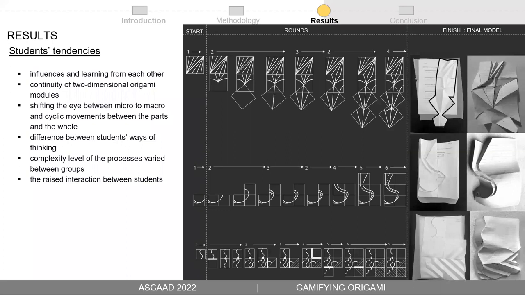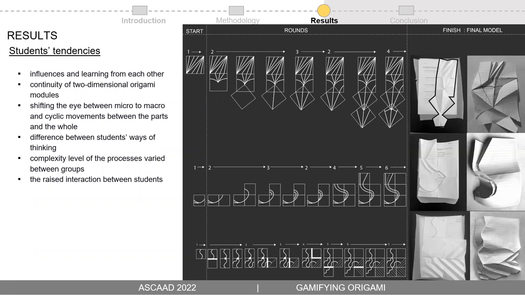A difference between students' ways of thinking when they are explaining the visual rules has been obtained. Some of them expressed with analogies such as creating a winding road, or some of them used the geometrical elements of modules. Moreover, others integrate the appearance and affordances of materials into their expressions.